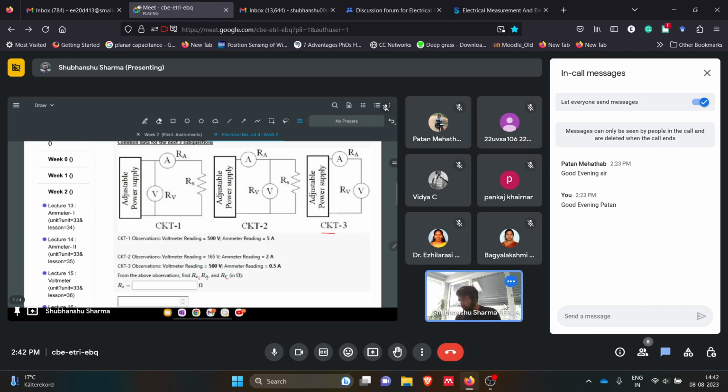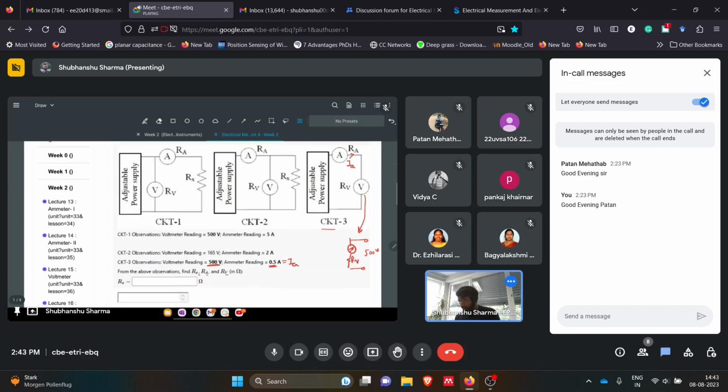Let's say this is the current IA that is mentioned here, and we have the voltage drop across this, which can be visualized as a PMMC meter with a series multiplier of Rv value, having a voltage drop of 500 volts as mentioned here. You have to think like this.